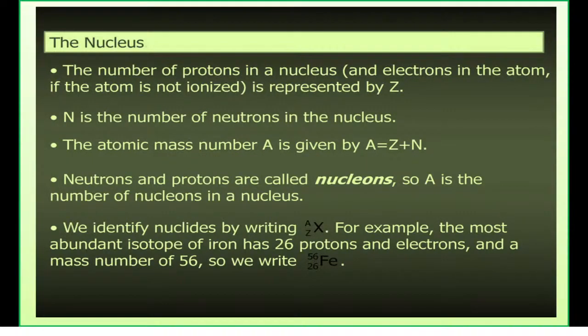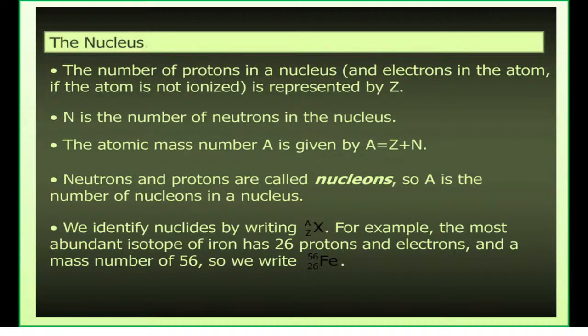The number of protons in a nucleus, and electrons in the atom if the atom is not ionized, is represented by Z. The number of neutrons may be calculated as the difference between the mass number and the charge number of the atom.